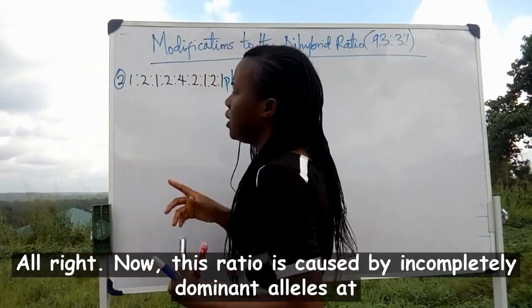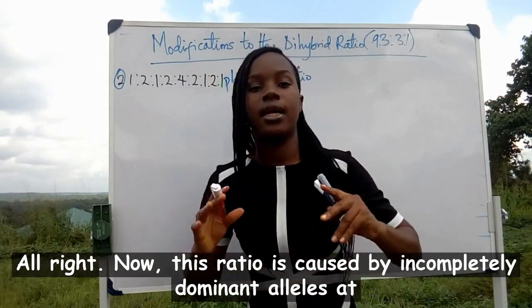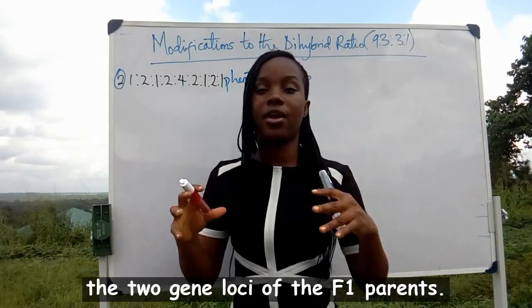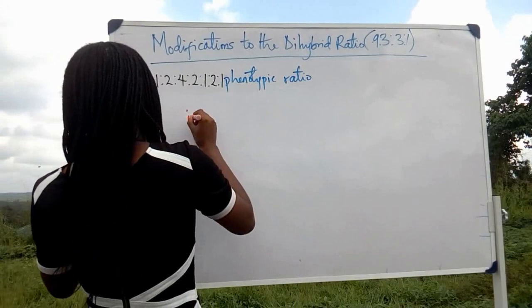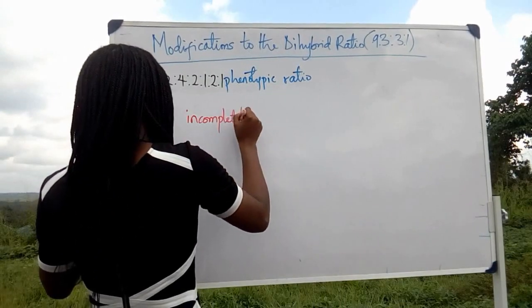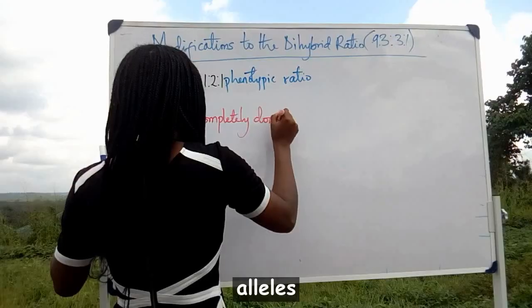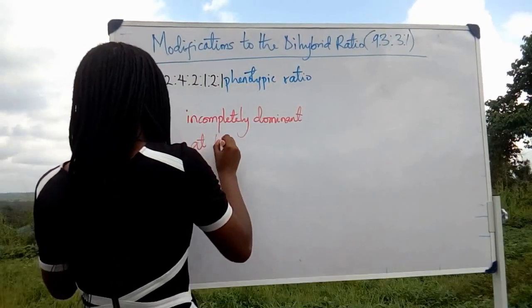Alright, now this ratio is caused by incompletely dominant alleles in the 2 gene loci of the F1 parents. That is incompletely dominant alleles at both gene loci.